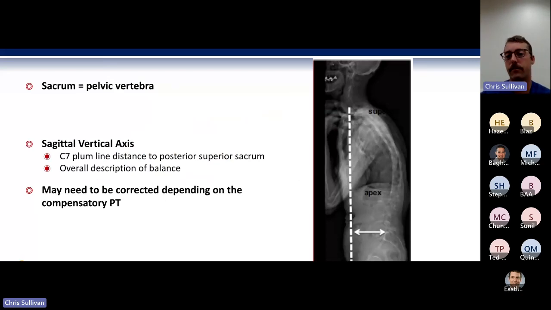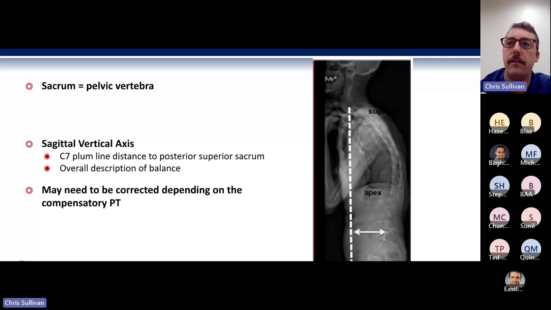So other markers of global sagittal imbalance: the SVA, the sagittal vertical axis, the C7 plumb line dropped down, and then this measures the distance from that line to the posterior superior sacrum. It's an overall description of the global balance, but this also can be a little bit thrown off depending on a compensatory pelvic tilt.